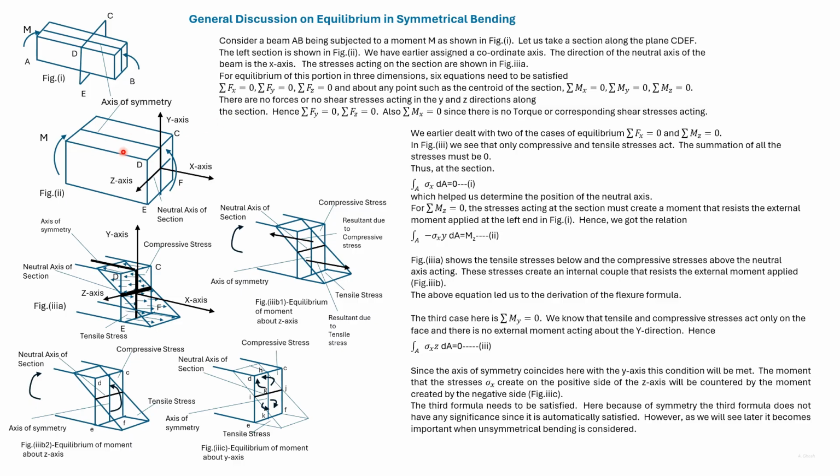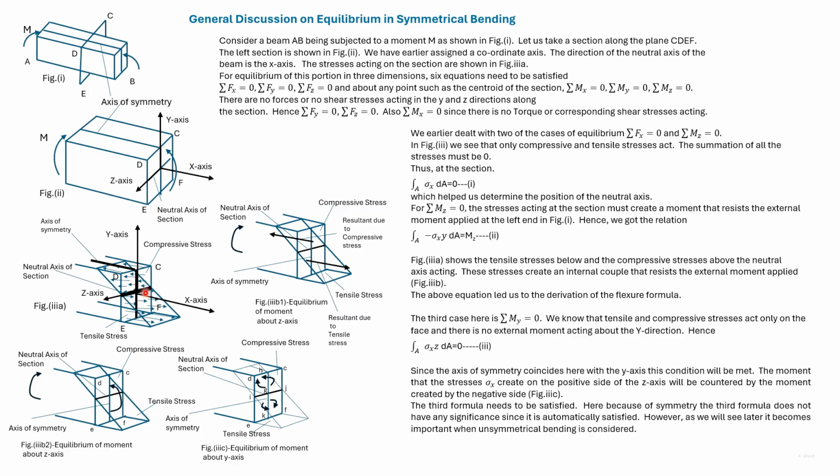Now in this body, there are no forces acting along the x direction. So the force acting on the face CDEF along the x direction would be 0. However, there are stresses acting on the face CDEF.